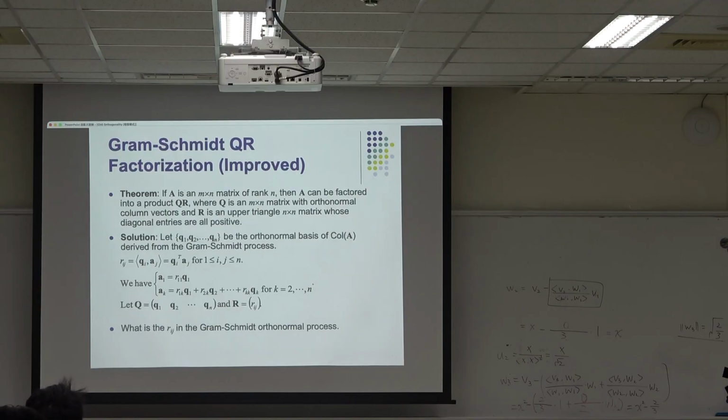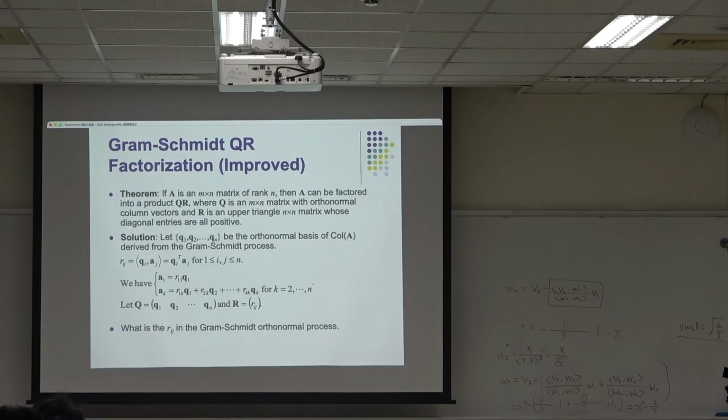If you still remember what we discussed for the rank, this goes without saying: if this is an m by n matrix of rank n, then m must be greater than or equal to n. Otherwise, if n is more than m, the rank cannot be n. You will know that.